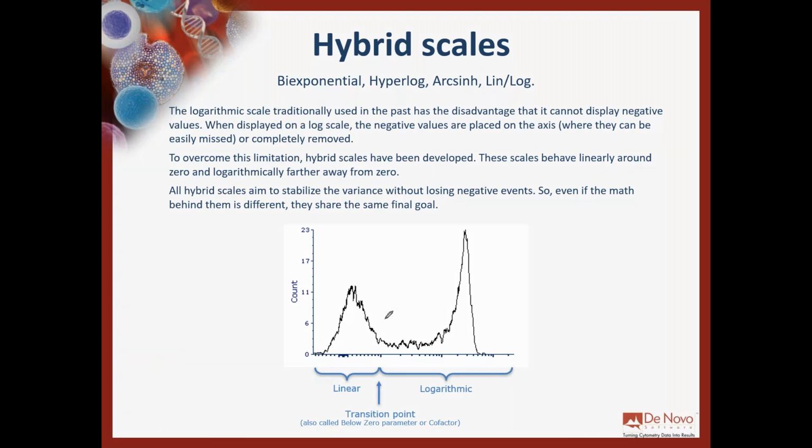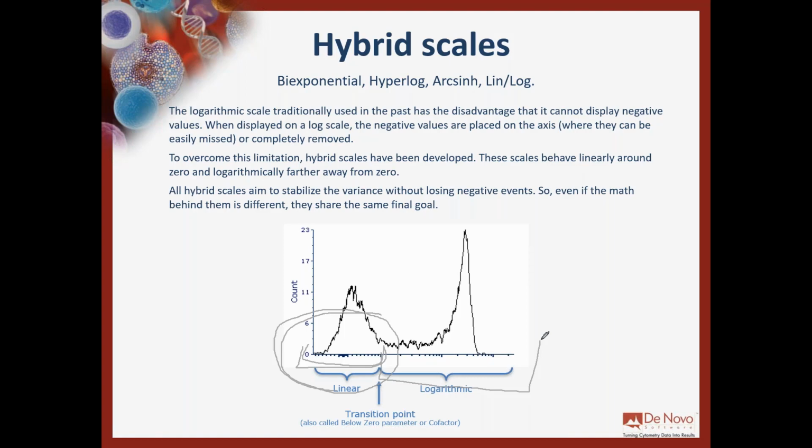This is the trick we can use to also plot negative events. Around 0, all those scales use linear, and far from 0, those scales use logarithmic or some slightly different variant.